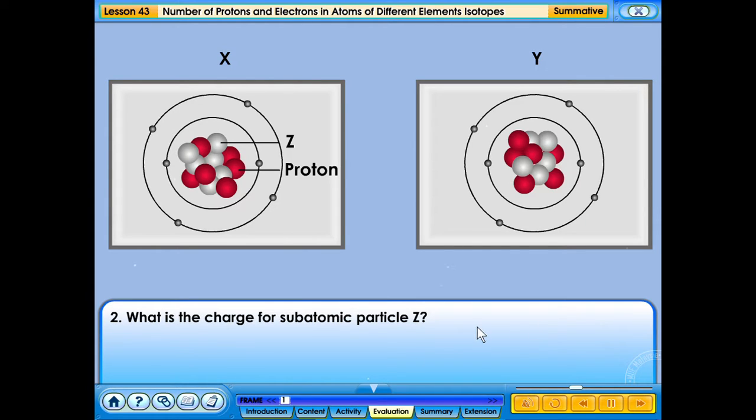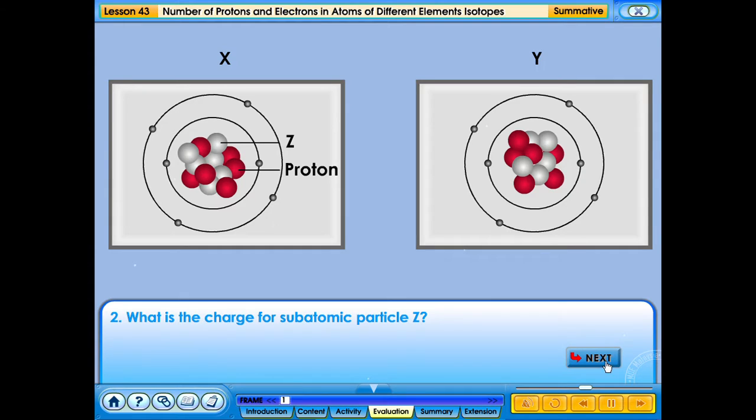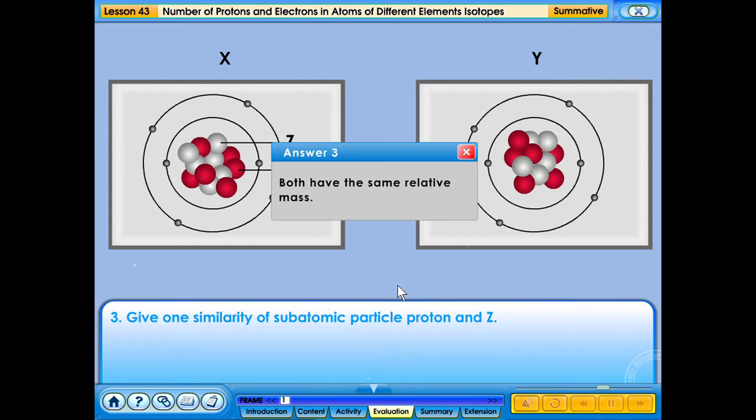What is the charge for subatomic particle Z? No charge, or neutral. Give one similarity of subatomic particle proton and Z. Both have the same relative mass.